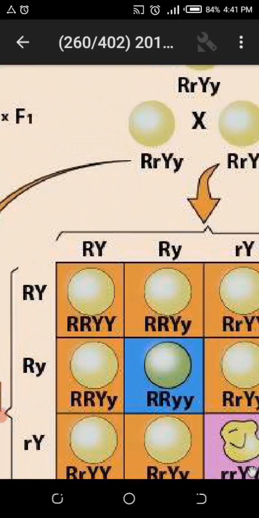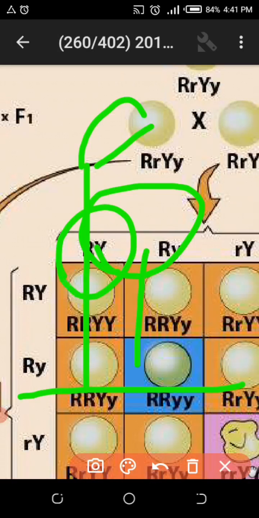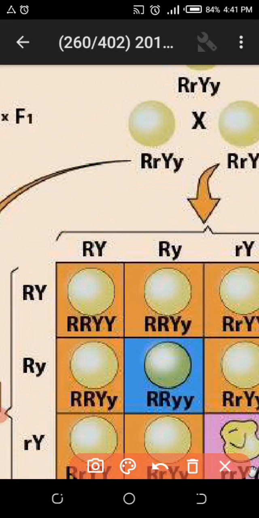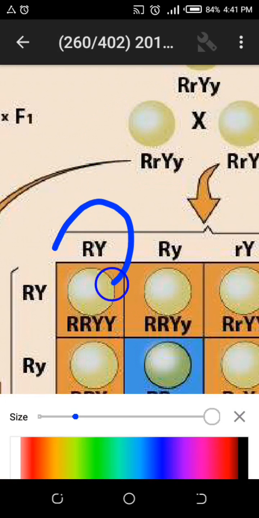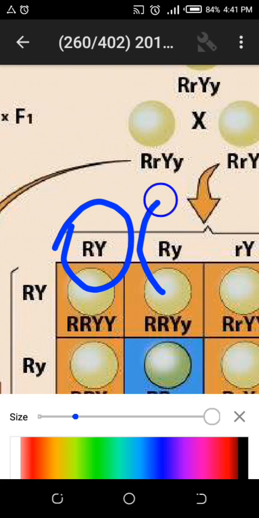So these are the gametes in which I am talking about the probabilities: capital R can go with capital Y, capital R can go with small y. Similarly in the case of small r, small r can go with capital Y, small r can go with small y. These are the possibilities, and due to these possibilities new characters arise.